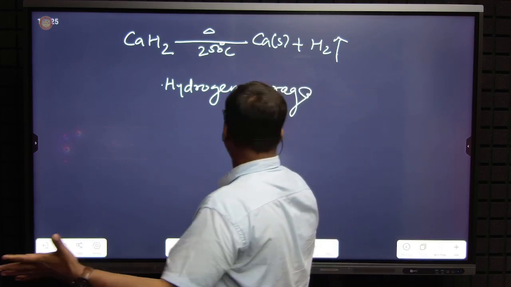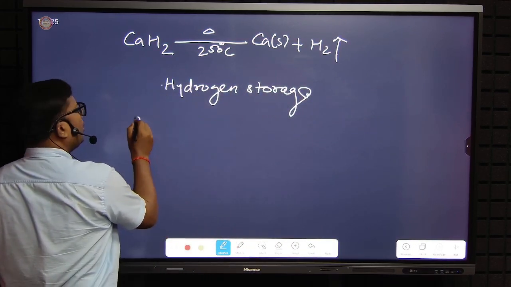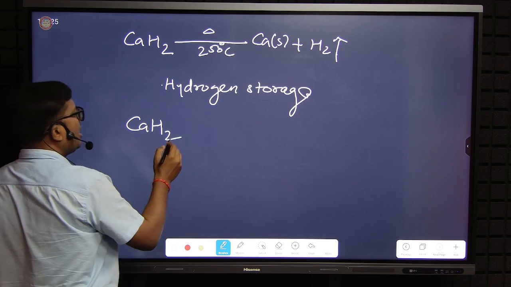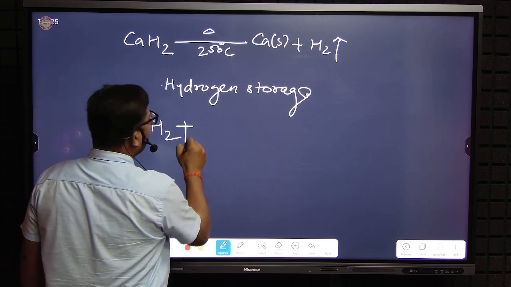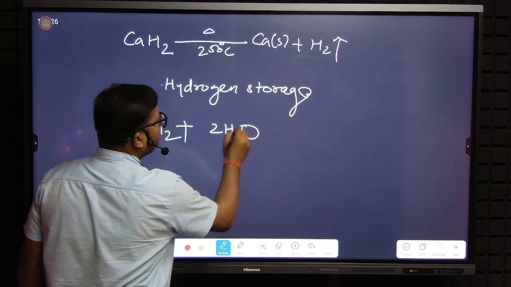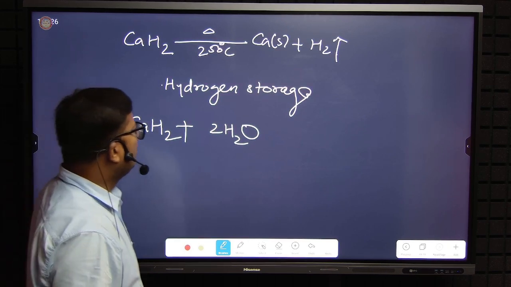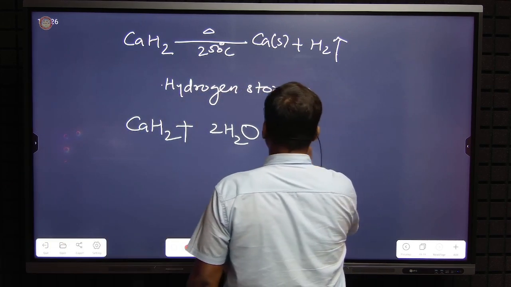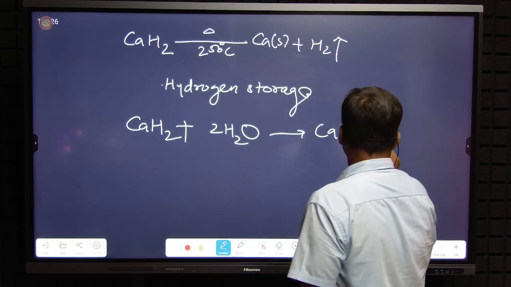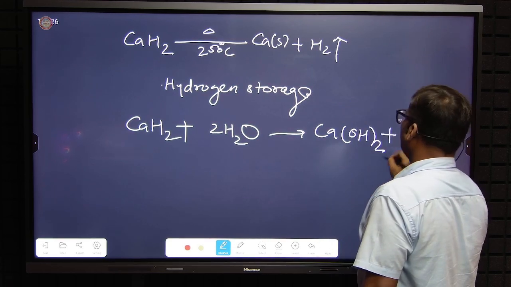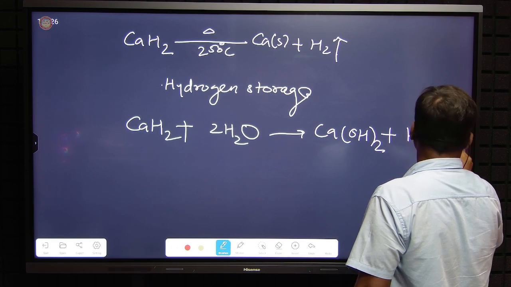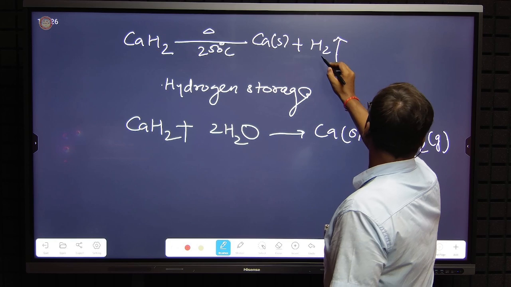And what happens when specific hydrides, like calcium hydride or any other hydride, react with 2H2O? They also produce calcium hydroxide, Ca(OH)2, and H2 gas.